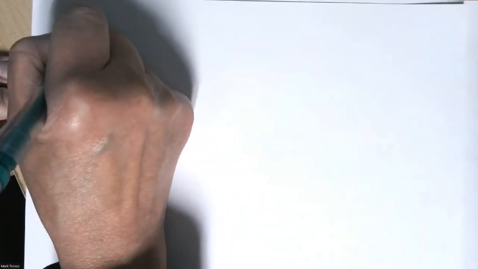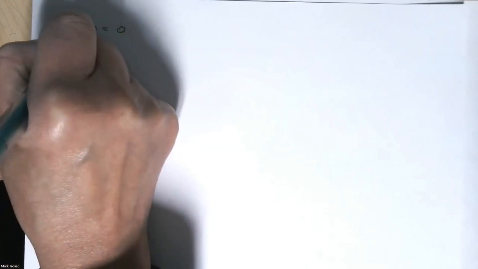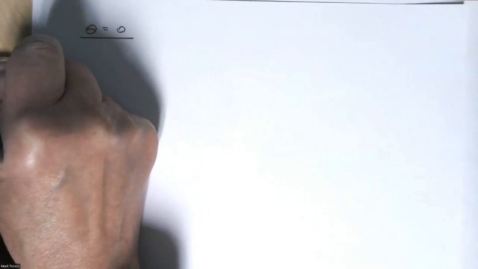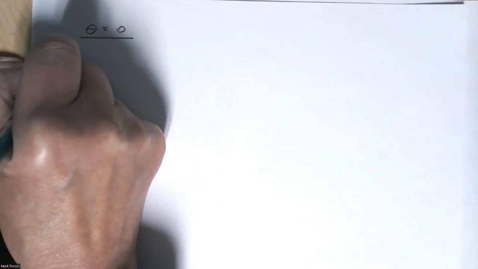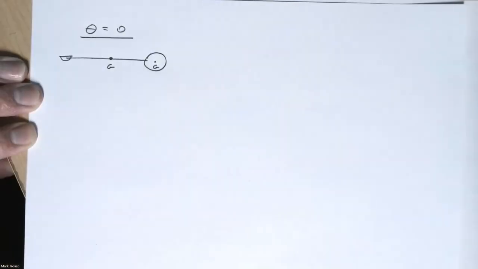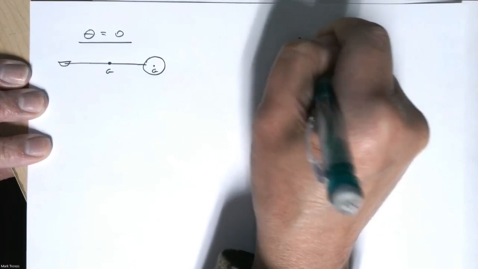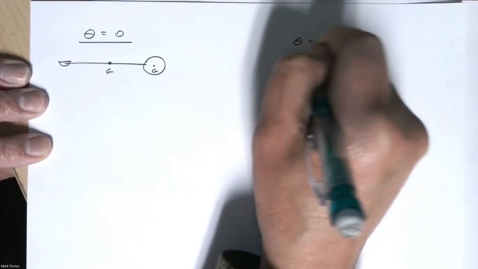Now we're going to have to look at the kinetic energy. So let's look at the two states that we have. We have when theta equals 0. Again, the rod and the disk are going to look something like this, where the center of gravity of the rod is here and the center of gravity of the disk is here. Then we're going to have when theta is equal to 90 degrees.